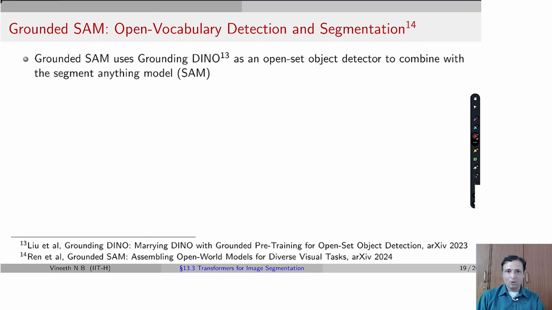This is what we typically call open vocabulary recognition, where the vocabulary of class labels can be fairly open. Grounded SAM uses a method called Grounding DINO, we'll talk about this soon, which is an open set object detector and combines it with the Segment Anything Model.